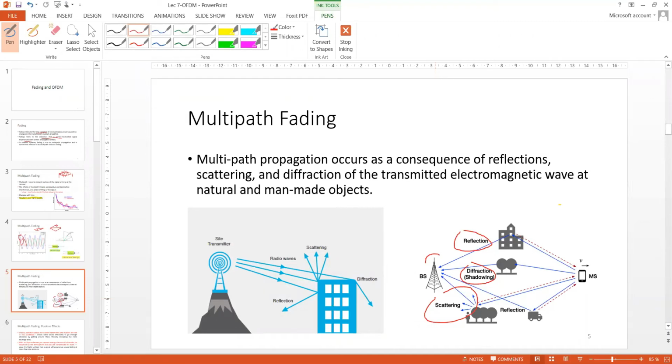Reflection, scattering, diffraction or shadowing can occur. Because of all those mechanisms, multiple copies of a signal can occur, and these can result in constructive interference, or they can result in destructive interference. So it can be beneficial and it can be problematic as well.